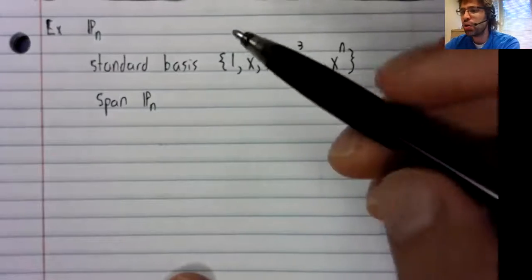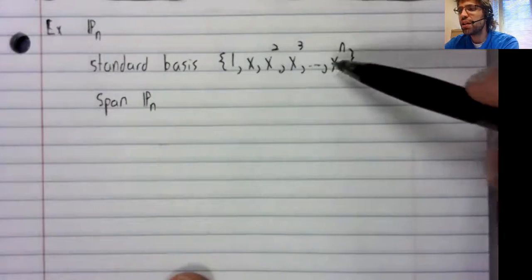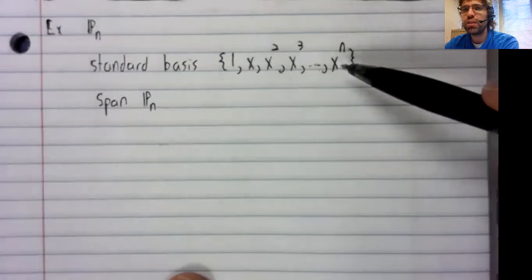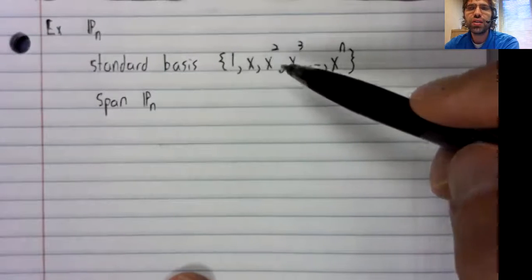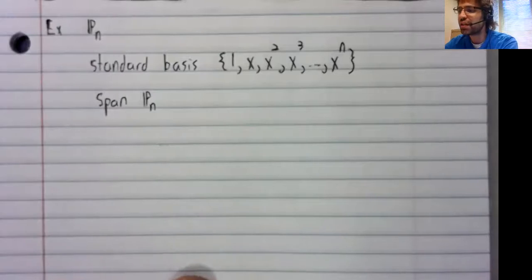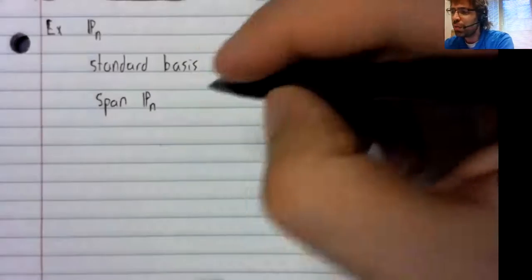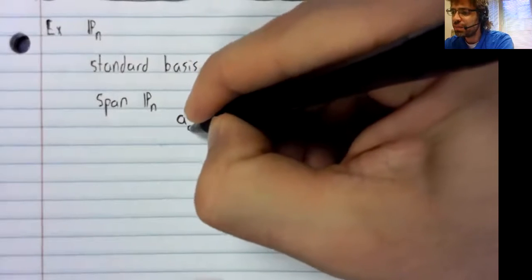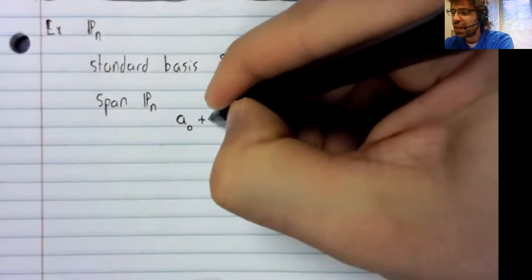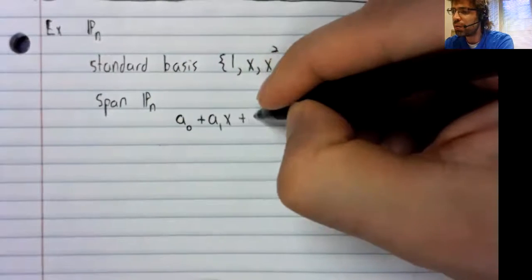So any polynomial in P sub n needs to be a linear combination of these alleged basis vectors. Well, a polynomial in P sub n has this form.